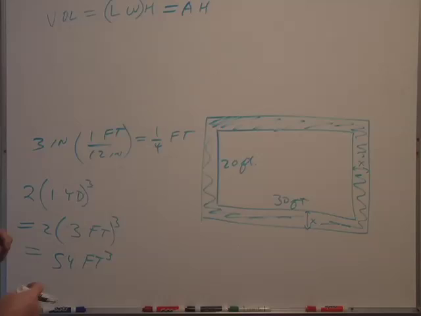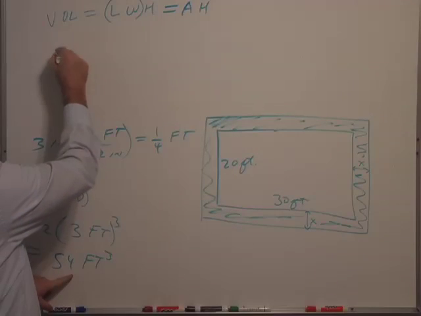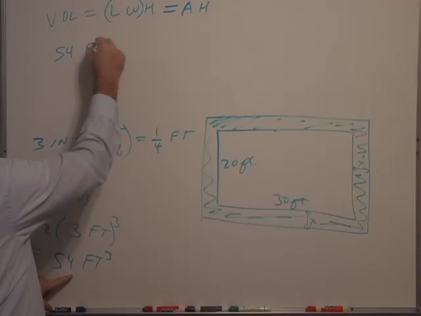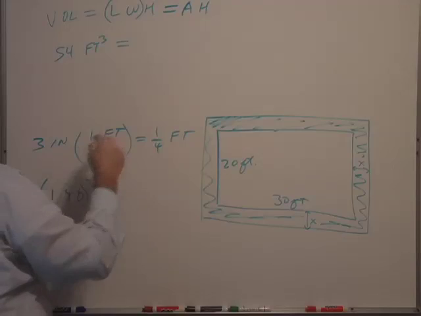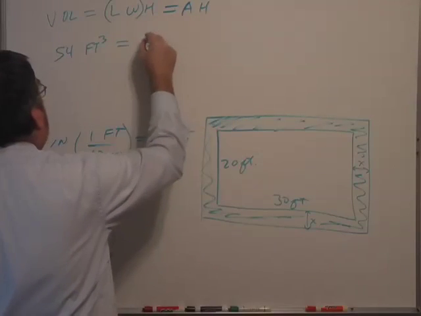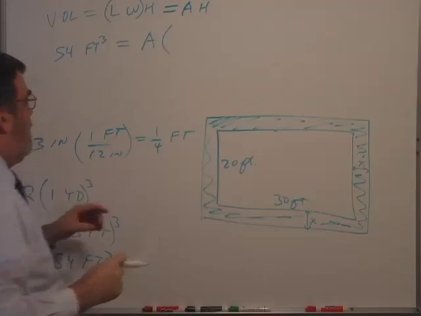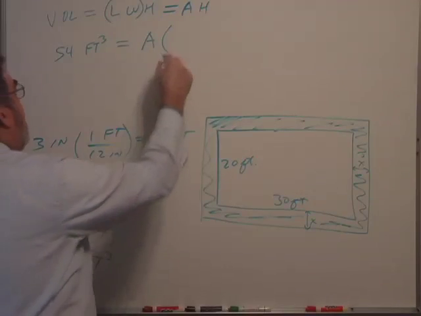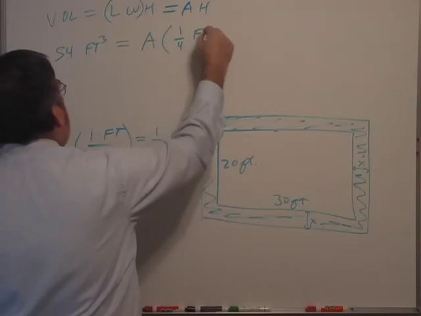All right. Now the volume of the concrete is 54 cubic feet. And the height of the sidewalk is 1/4 of a foot.